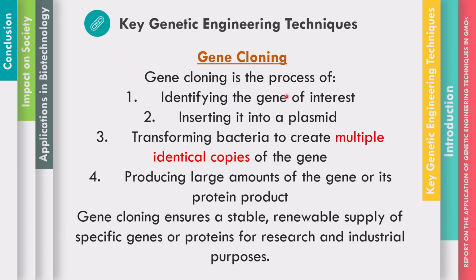Gene cloning is the process of identifying the gene of interest, inserting it into a plasmid, transforming bacteria to create multiple identical copies of the gene, producing large amounts of the gene or its protein product. Gene cloning ensures a stable, renewable supply of specific genes or proteins for research and industrial processes.